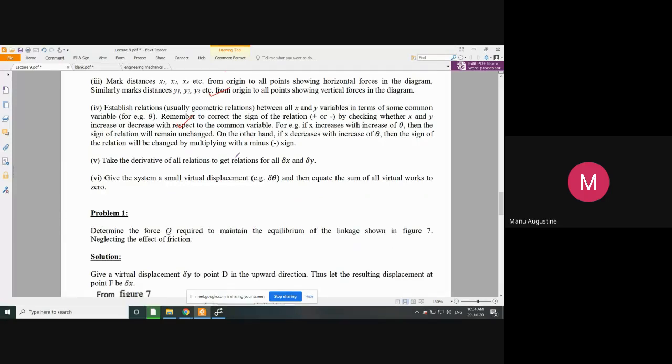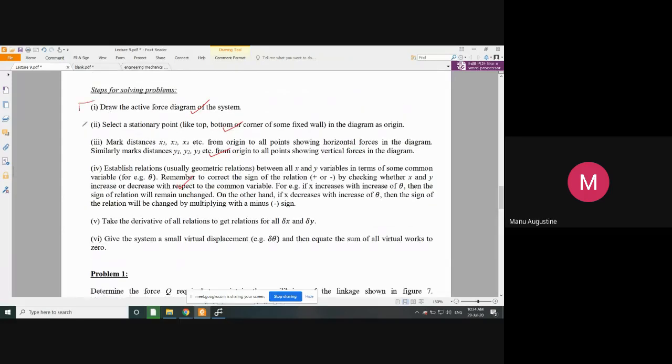And I have delineated these steps specially for you, because if you go and refer to multiple books and try to understand the concept of solving problems using virtual work, you are definitely going to get confused. And let me tell you, these steps that I have given you, you will not find in any single textbook. This I have developed especially for you because I myself got confused when I looked at the textbooks.